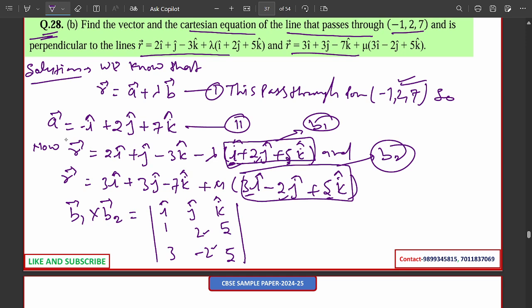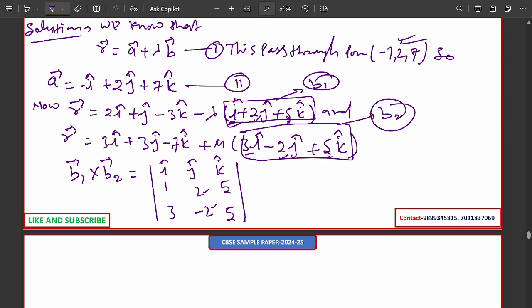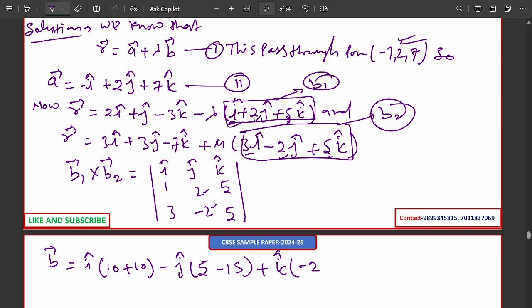And we should find the b vector. Suppose the cross product of b1, b2 is b. So vector b is equal to i unit vector times (10 plus 10), minus j unit vector times (5 minus 15), plus k times (minus 2 minus 6).